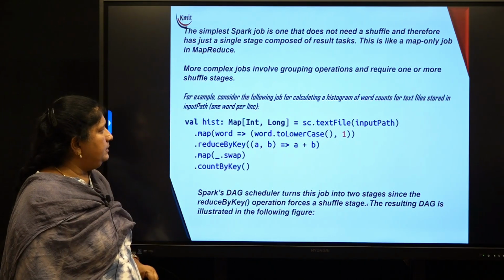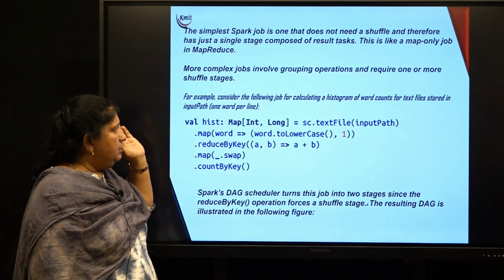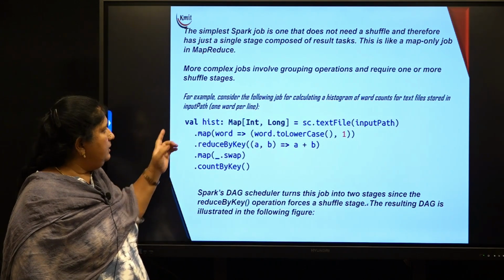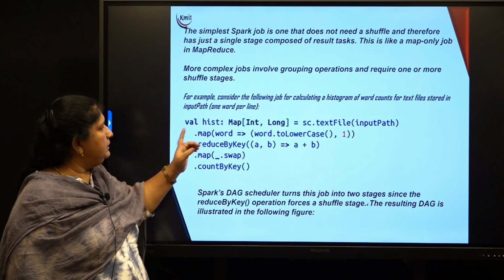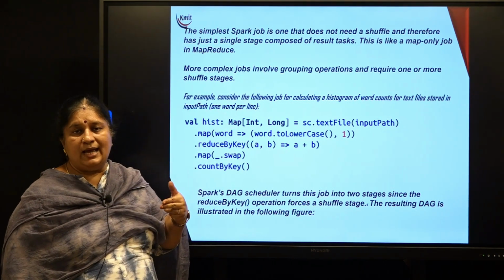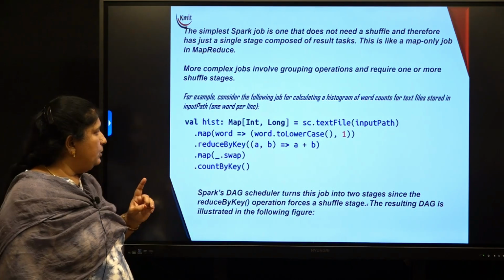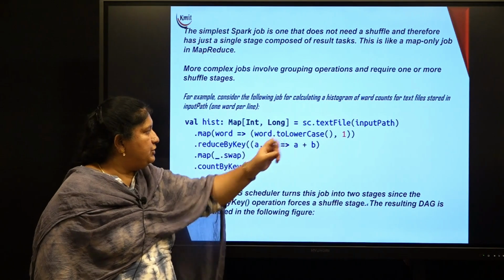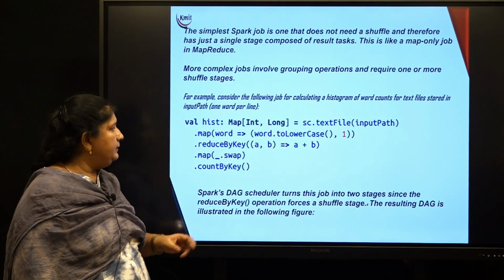Consider the example. We are trying to calculate a histogram of word counts for the text files which are stored in the input path, and we are taking one word per line. We are assuming in each line only a single word is there. So you are trying to take the text file for which the input path has been specified.